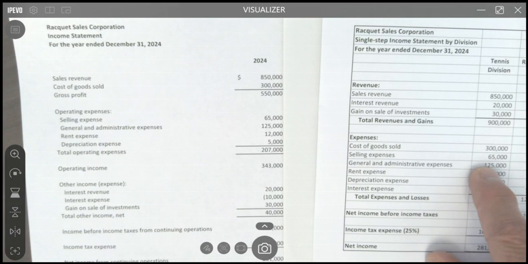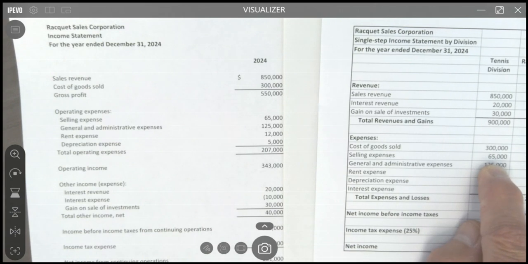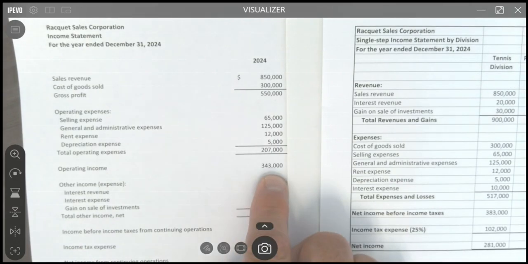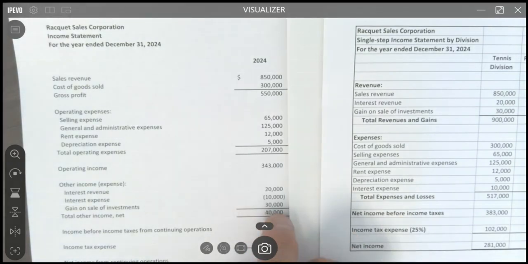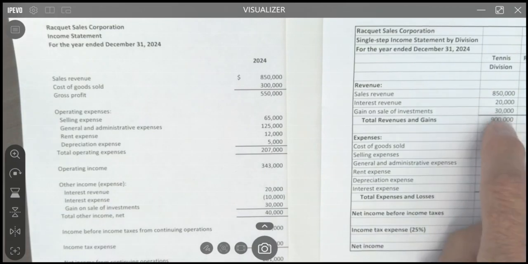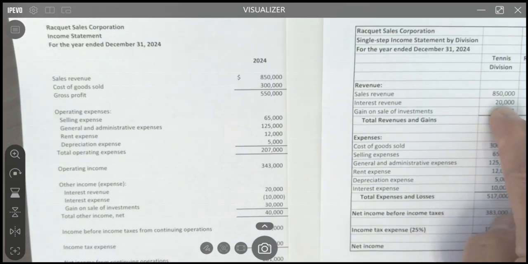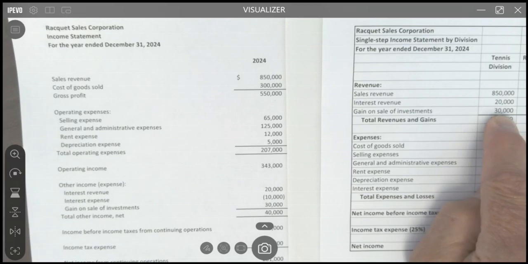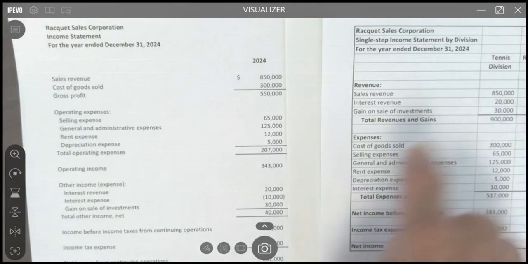The selling expense at the tennis division, the general administrative expense, the rent expense, and the depreciation expense. Operating income at just the tennis segment is $343,000. And then other income, where it's interest revenue of $20,000, interest expense of $10,000, and that gain on sale of investments that was investments in the tennis division.